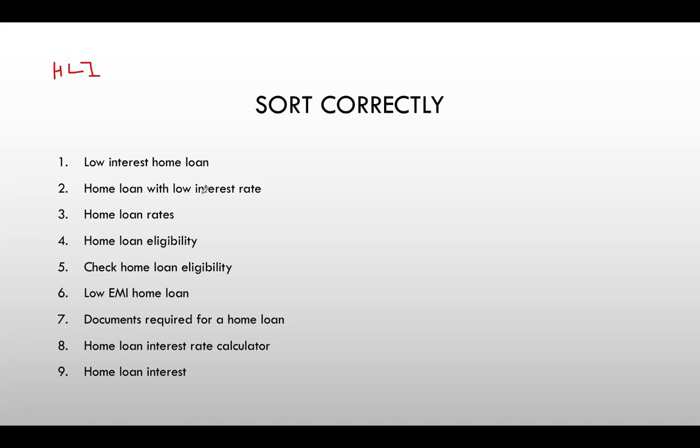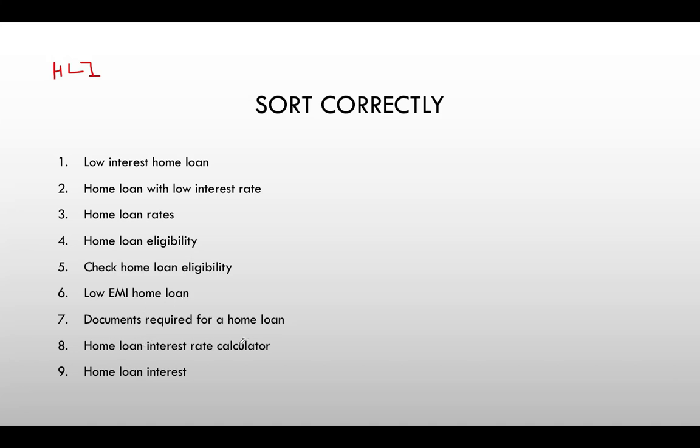Home loan, but interest is over here, so there is no sequence. Low interest home loan, again the sequence is changed. Home loan rates, there is no interest. Home loan eligibility, again no interest. Check home loan eligibility, no interest. Low EMI home loan, no interest. Documents required for home loan, no interest.